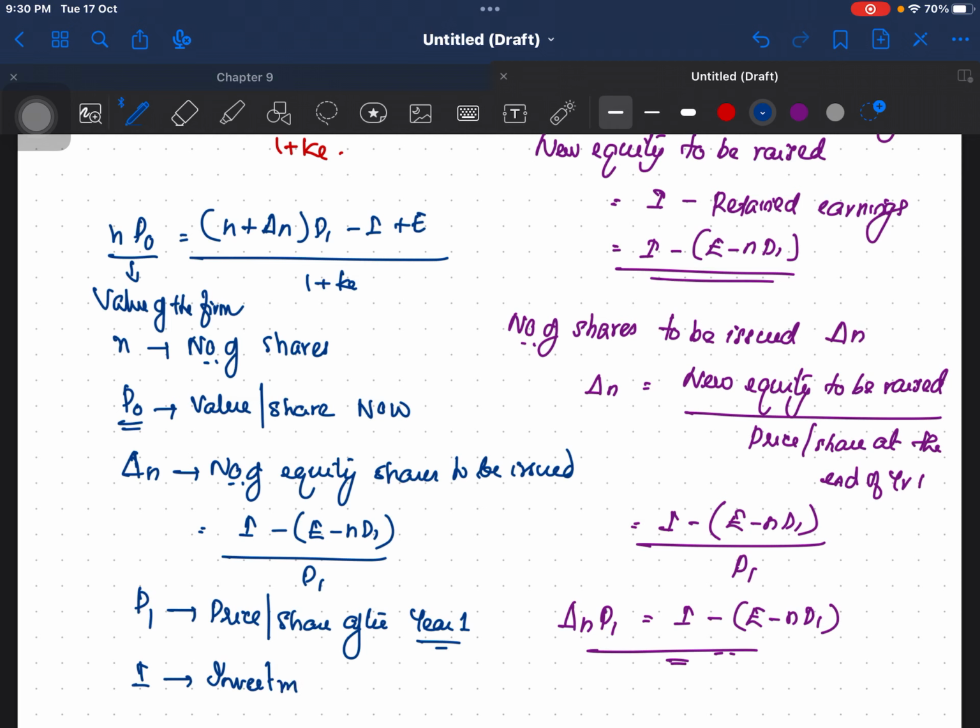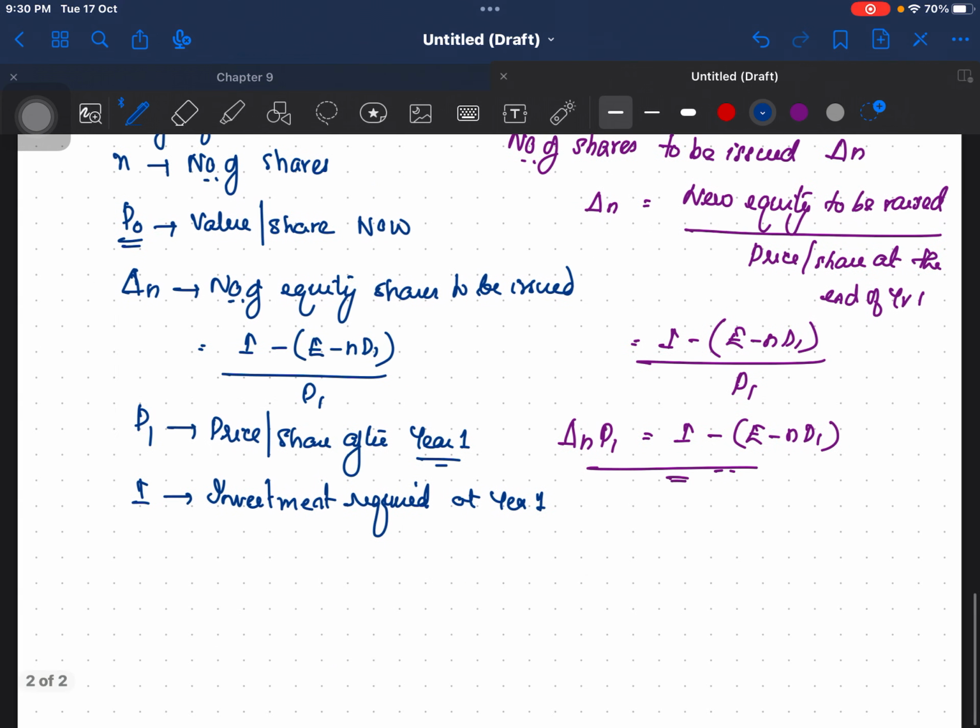Now I is the investment required again at year 1. Then E, what is E? E is the earnings for the year.